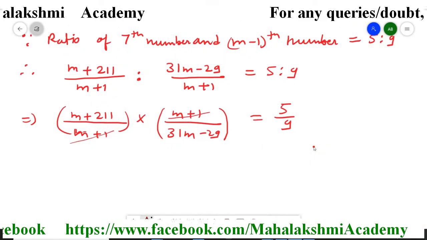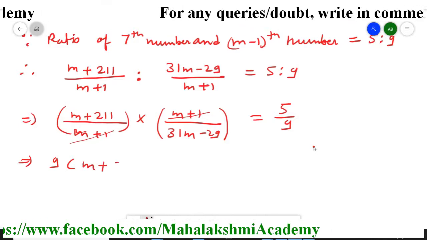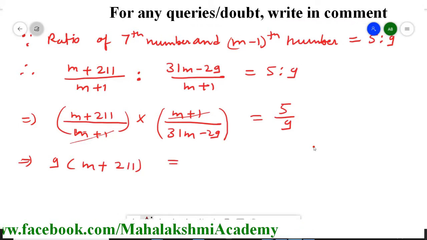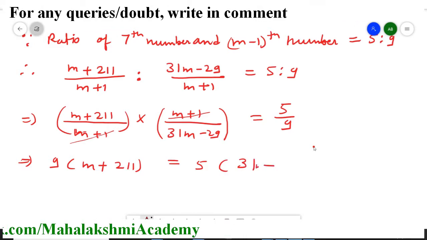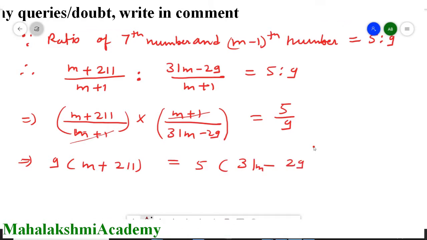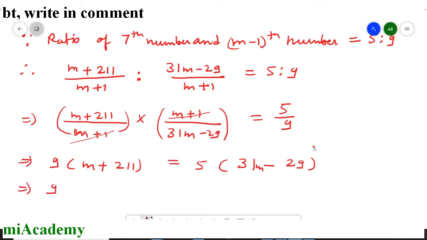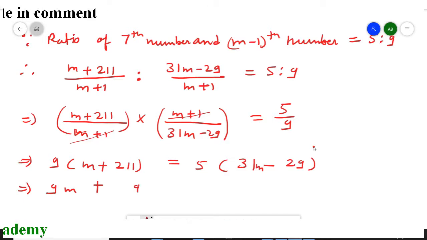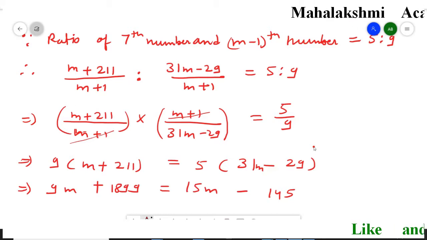Now we'll do the cross multiplication: 9 multiplied by M plus 211 is equal to 5 multiplied by 31M minus 29. Now that we have done the cross multiplication, we'll open the bracket. So 9M plus 1899 and 155M minus 145.